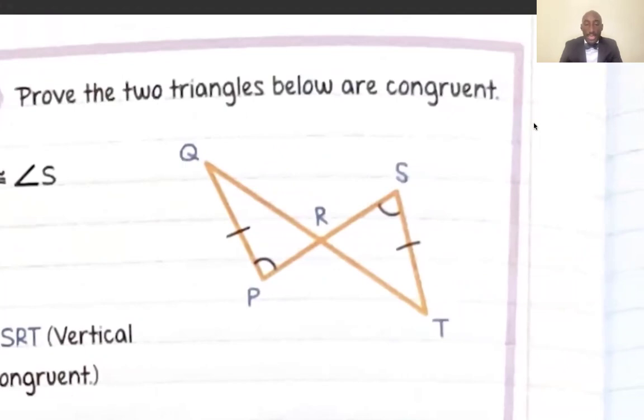Trick question, I know we can. So here we go. In triangle PQR and triangle STR, we have a pair of congruent sides right here.